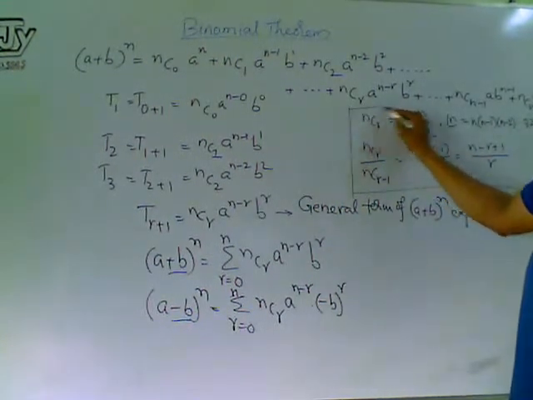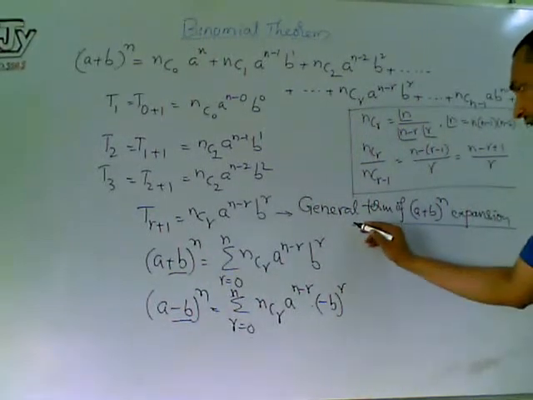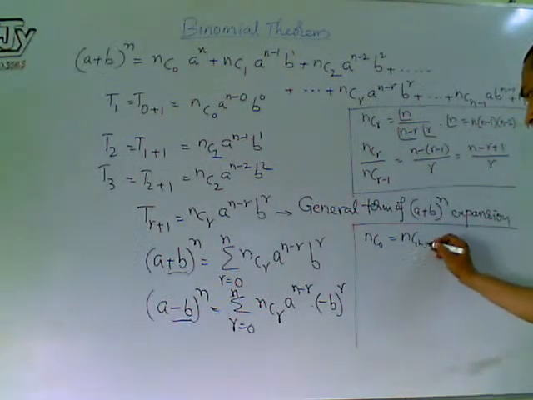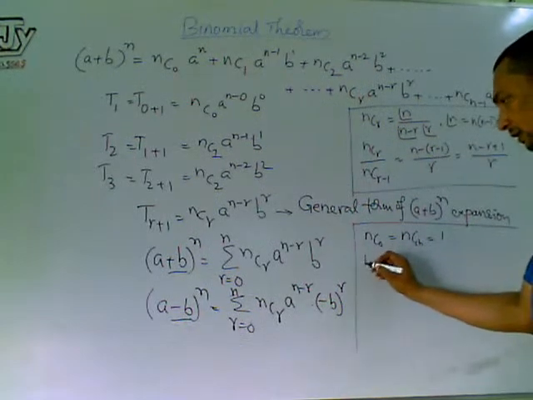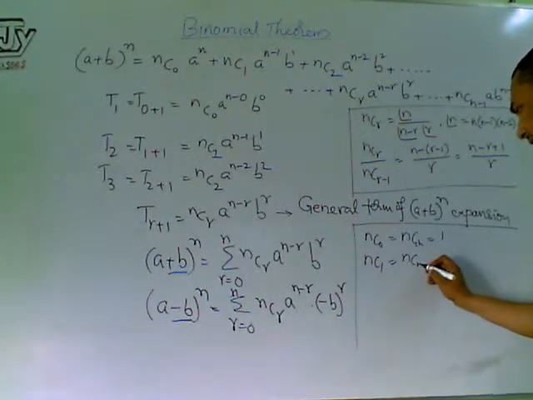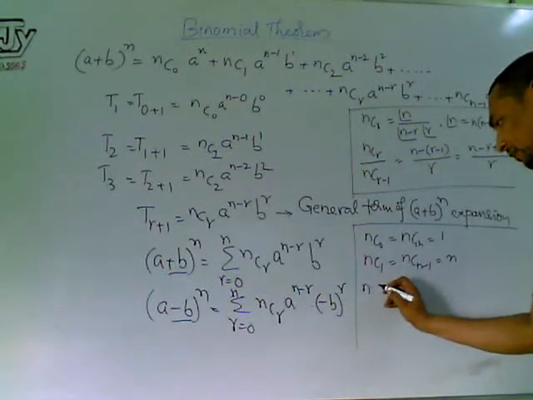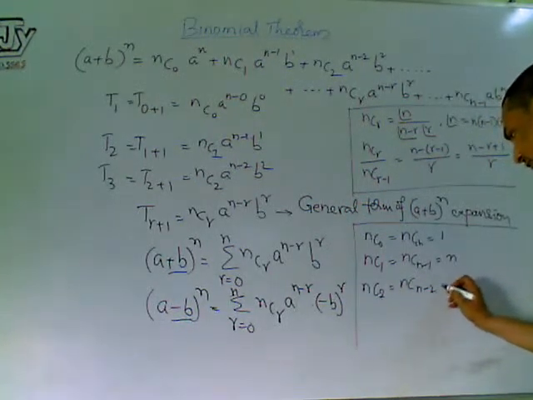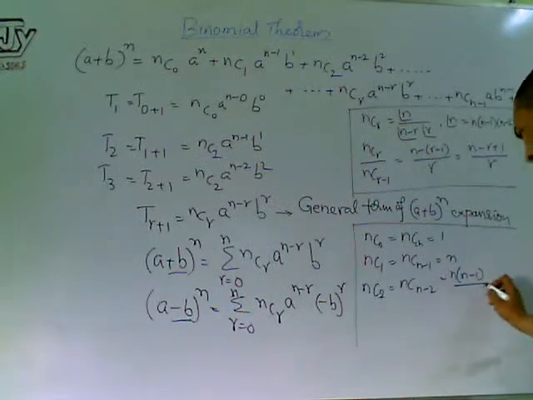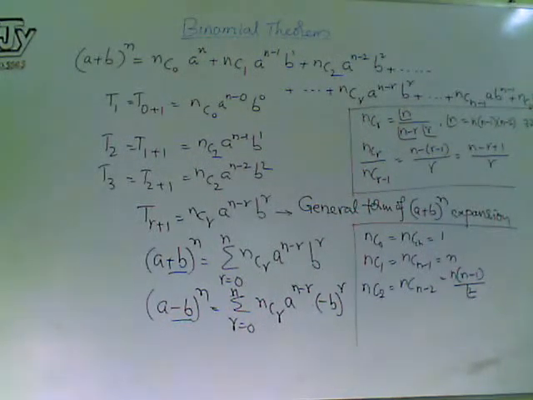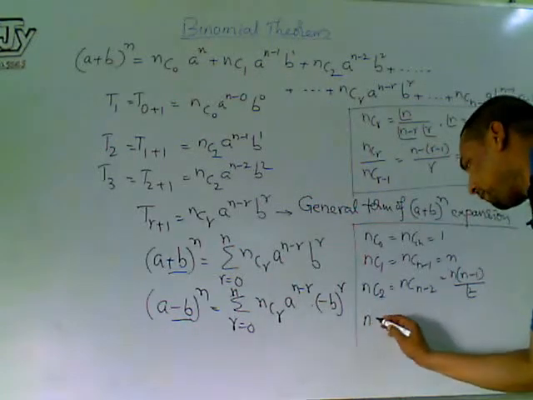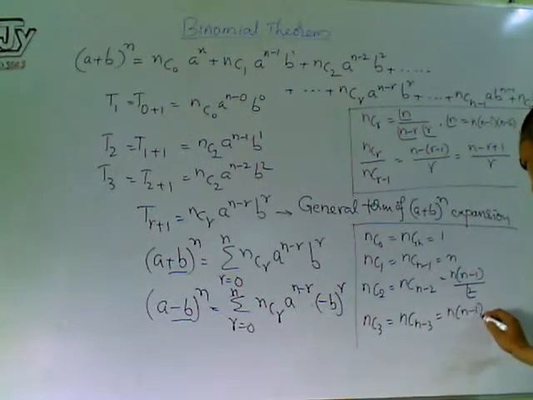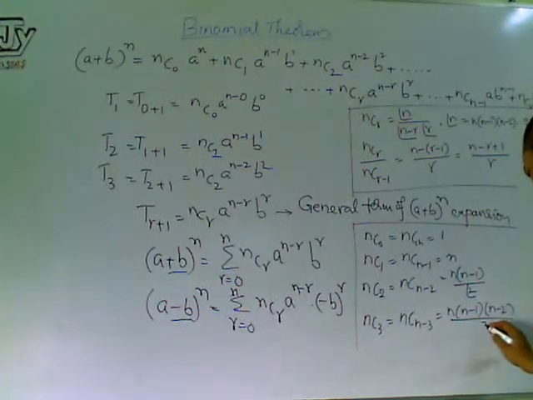These two, and also some values. nC0 is equal to nCn is equal to 1. nC1 is equal to nC(n minus 1) is equal to n. nC2 is equal to nC(n minus 2) is equal to n into (n minus 1) by 2 factorial. nC3 is equal to nC(n minus 3) is equal to n into (n minus 1) into (n minus 2) by 3 factorial.